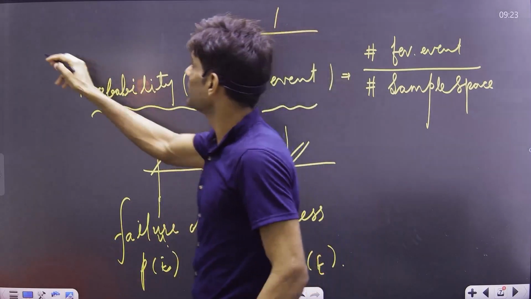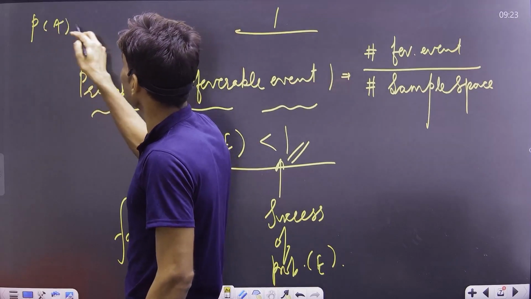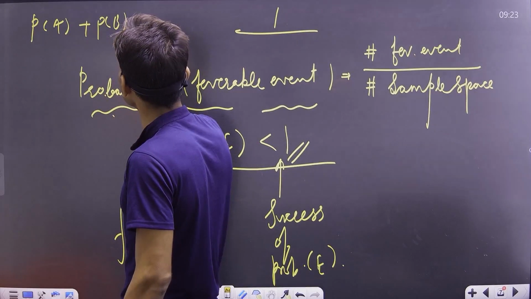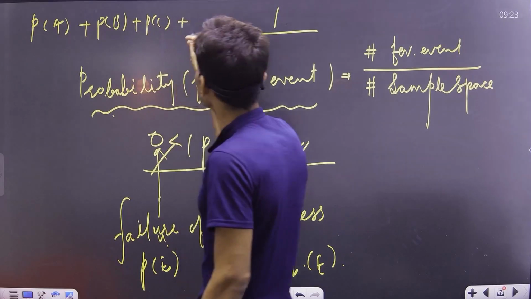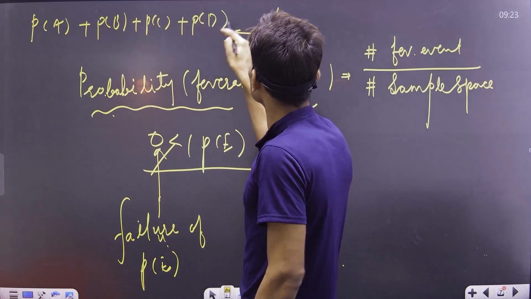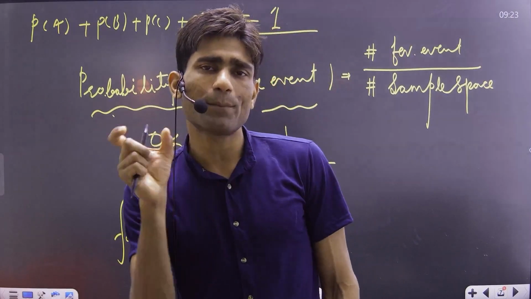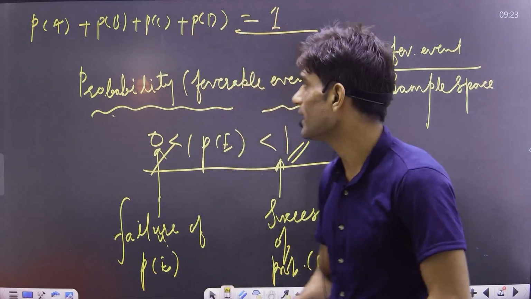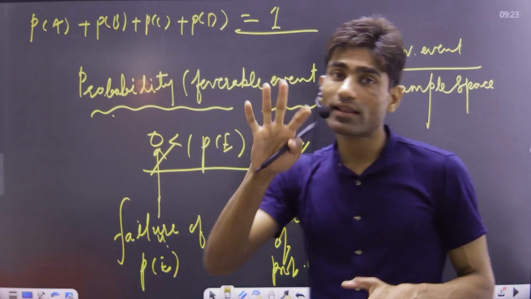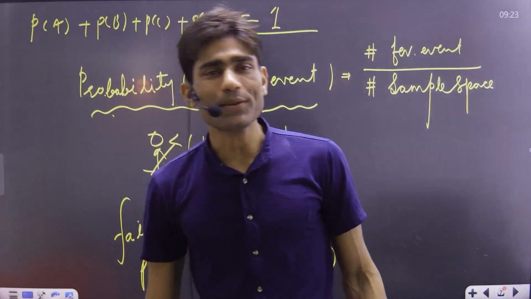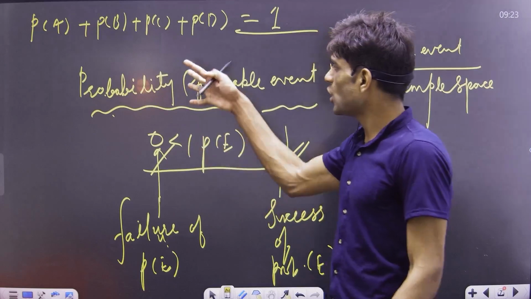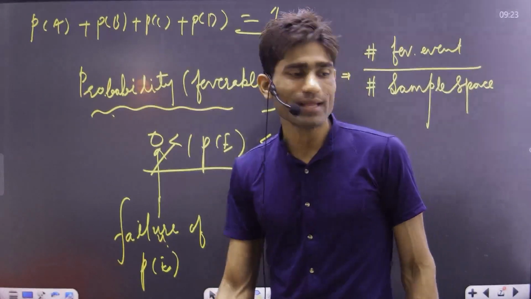That means probability of A plus probability of B plus probability of C plus probability of D is equal to 1, as the complete sum of all probabilities, if the events are completely independent. I'm expecting that you have understood probability.